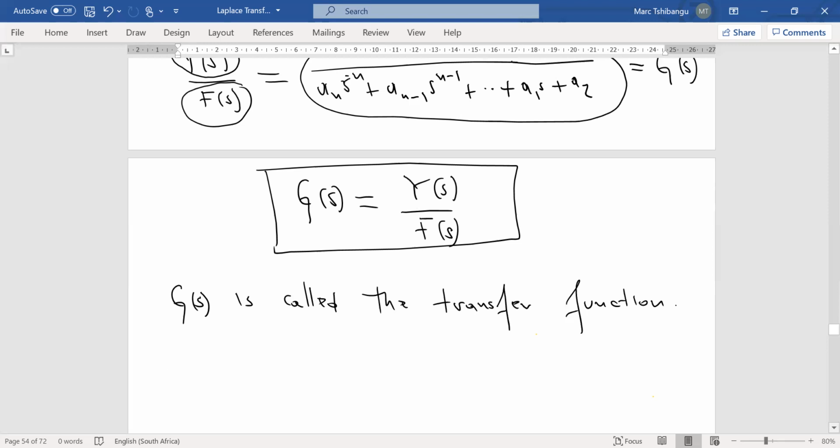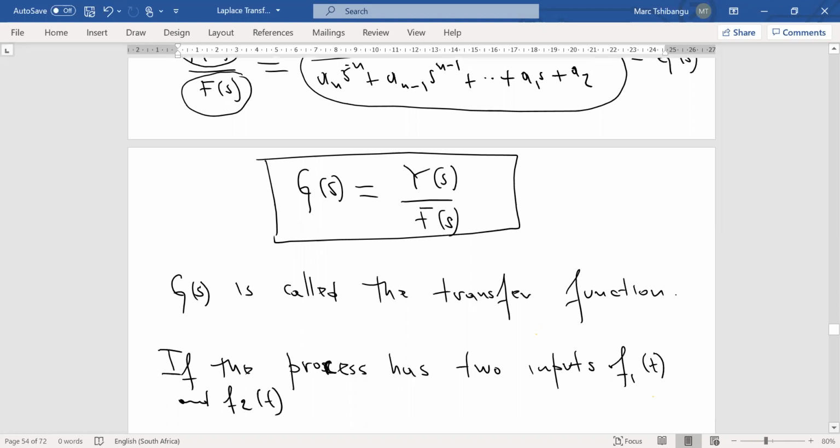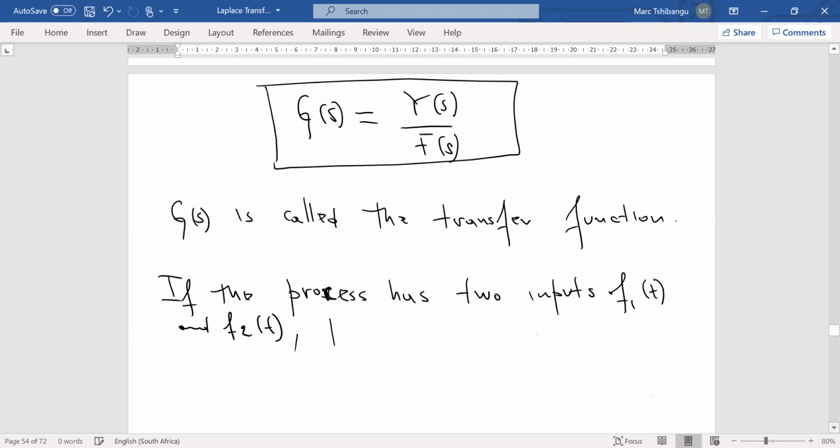So if the process has two inputs, f1 of t and f2 of t, then the output is equal to G1(s) times F1(s) plus G2(s) times F2(s).